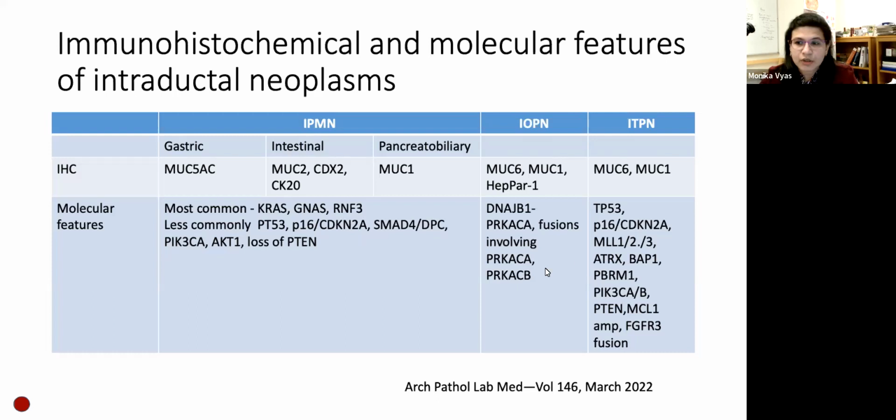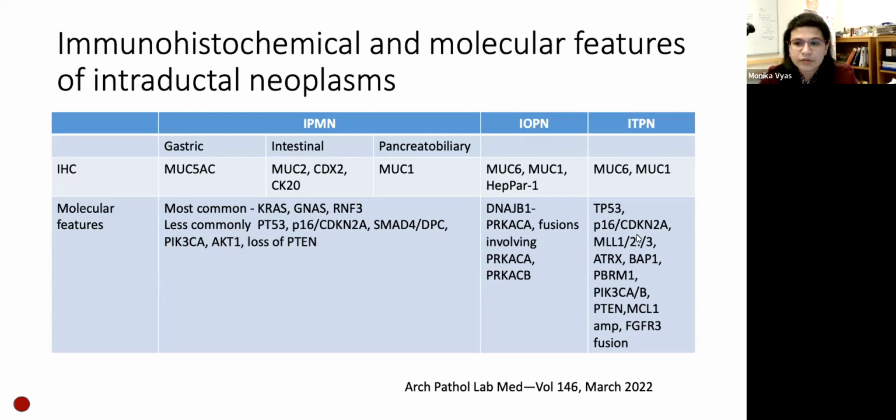IOPNs, as I mentioned, are a different class of neoplasm. They are characterized by fusions involving the PRKACA gene or PRKACB gene. The DNAJB1-PRKACA fusion, which was thought to be diagnostic of the fibrolamellar type of hepatocellular carcinomas, has also been detected in IOPNs and is quite characteristic.